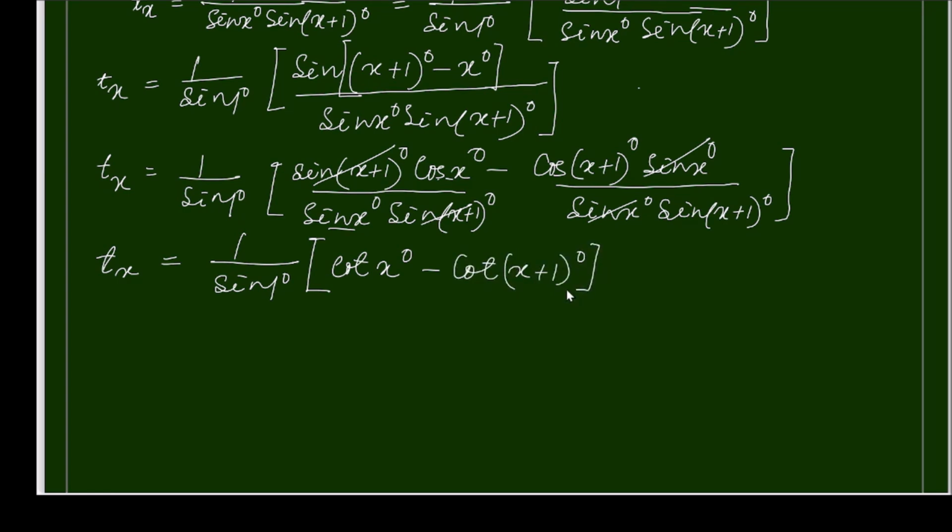Now I am going to each of the terms. The first term, 1 over sine 45 degree multiplied by sine 46 degree, can be written as 1 over sine 1 degree, where x is equal to 45. So it will be cot 45 degree minus cot, and x plus 1 will be 46 degree.